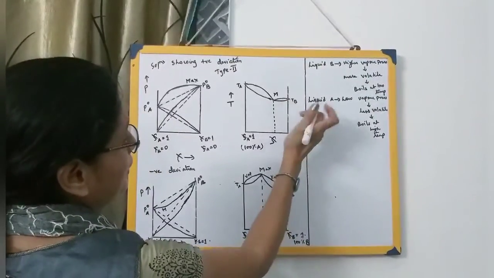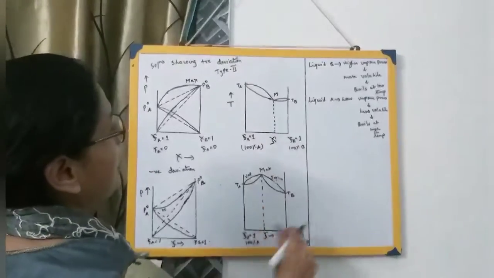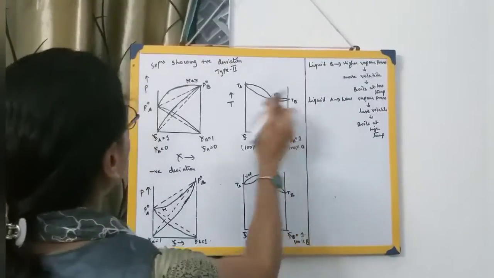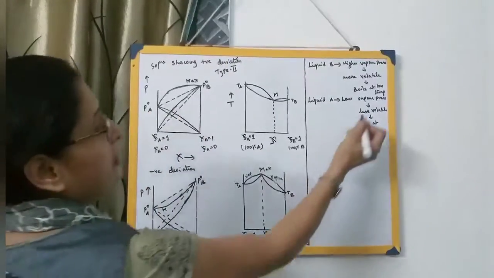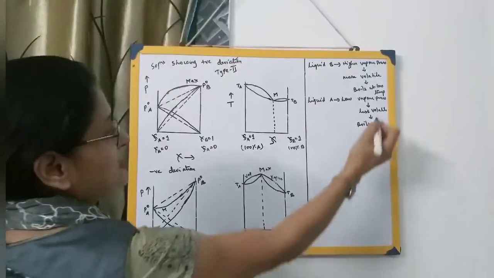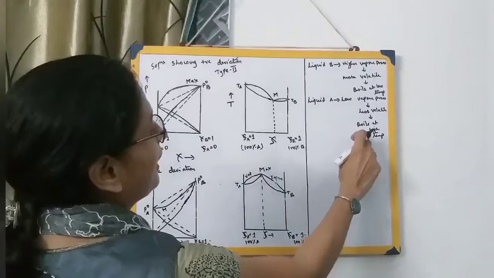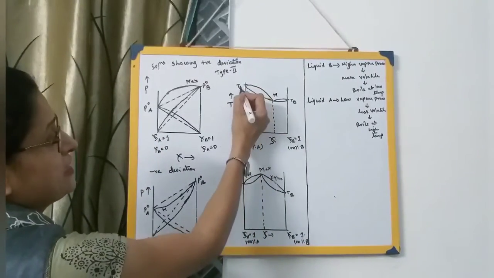So we have shown here the temperature at which liquid B boils. At the same time, liquid A has a low vapor pressure. If it has a low vapor pressure, it is a less volatile liquid, and a less volatile liquid boils at a high temperature. So we represent that here as TA.